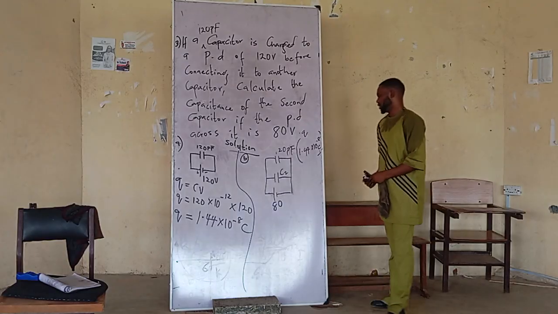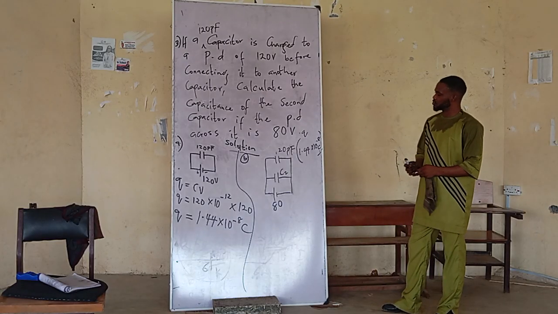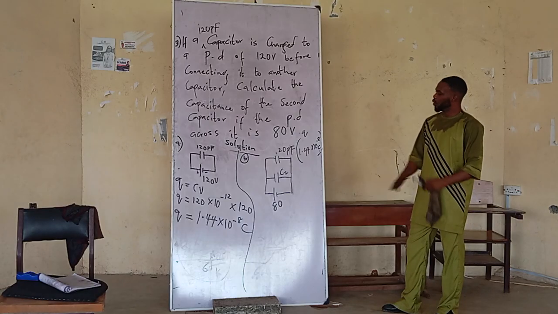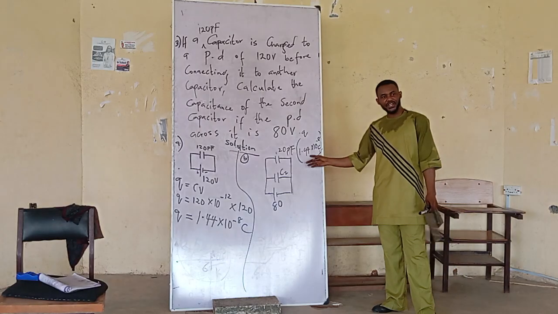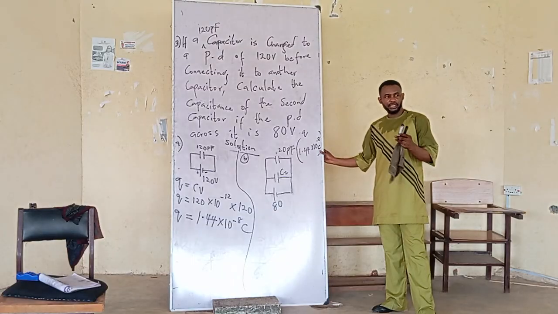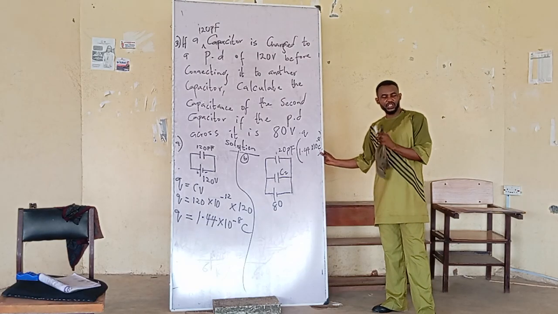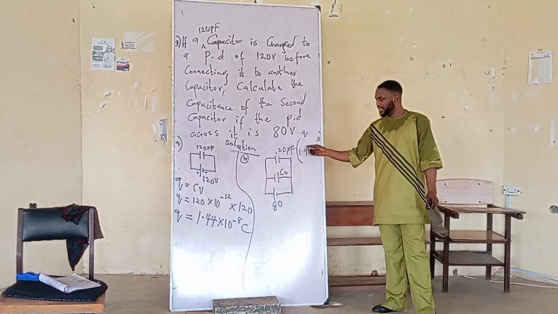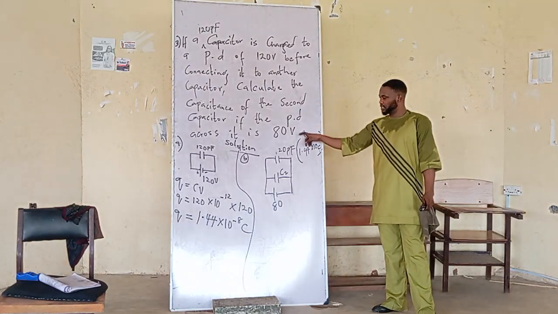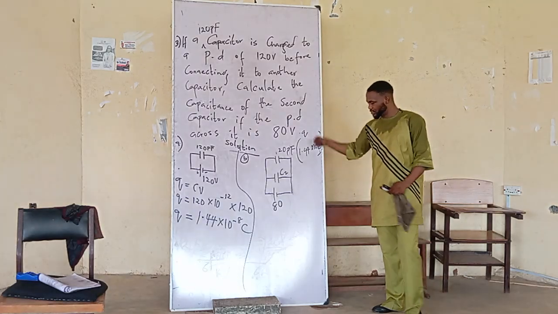So if I have this now, what I will simply do in this case is to say, what is the charge here? The only charge I have here is this one. I told you, don't dump charge. Notice the idea I am using. Each one should have a concept you are taking note of. The idea is that if there's something before something, the charge you got there, you always carry it, you don't dump it.